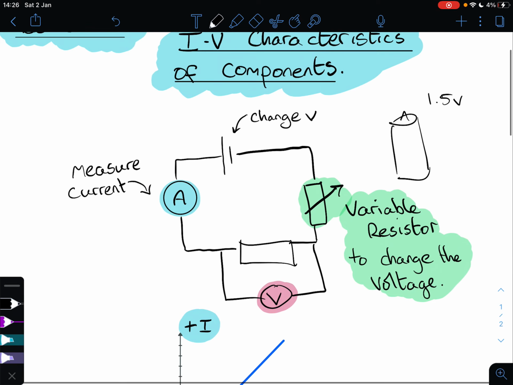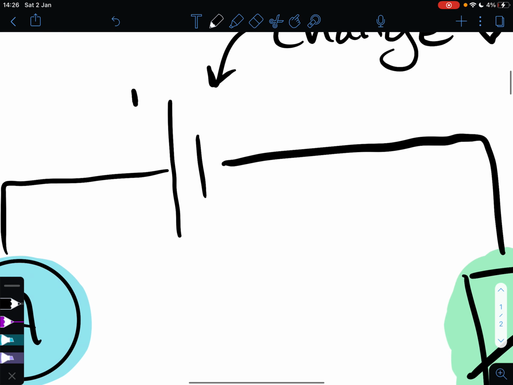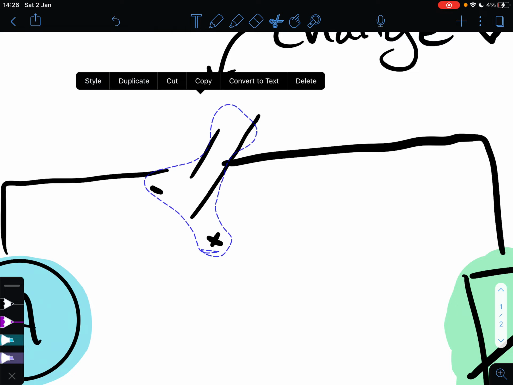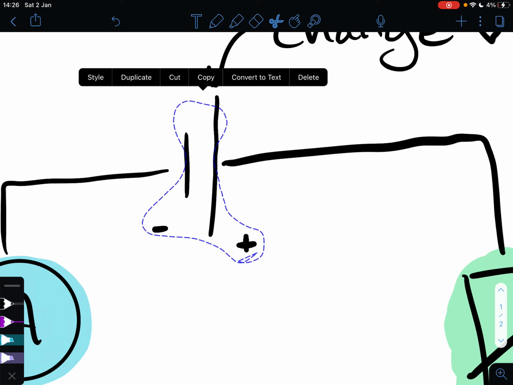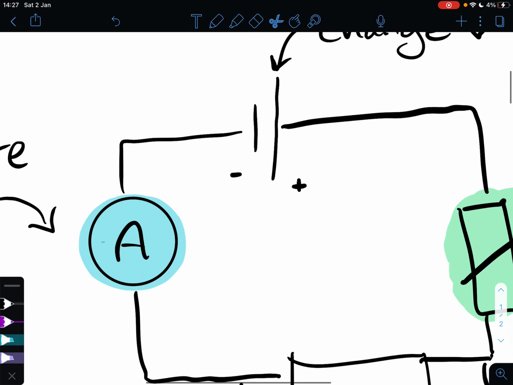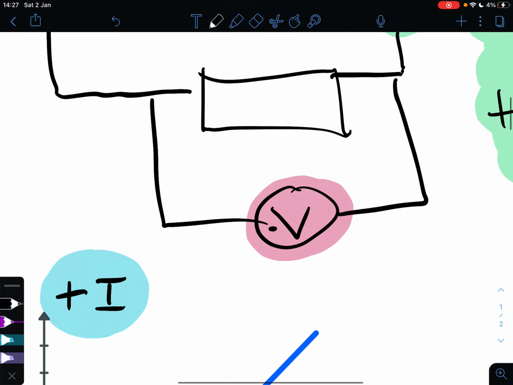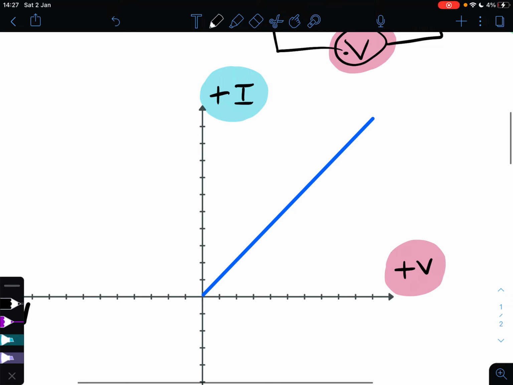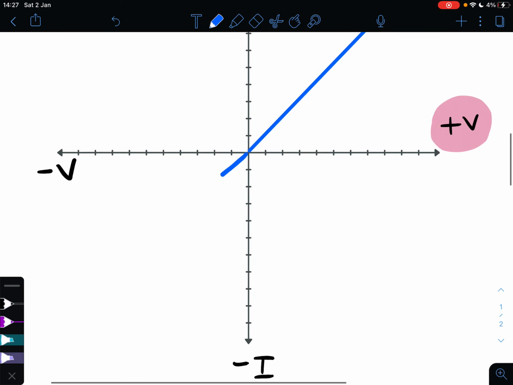Well, what that means is if I took my cell, there's my plus, there's my minus, if I swapped them around, so I might be able to do this, let's give it a go. Grab that, go there, grab that. If I swap them around like that, then the numbers now on my ammeter and my voltmeter will be minus numbers. So here and here, I'll get minuses. And the cool thing about that is you get exactly the same answer, but this time it just goes through to the minus.